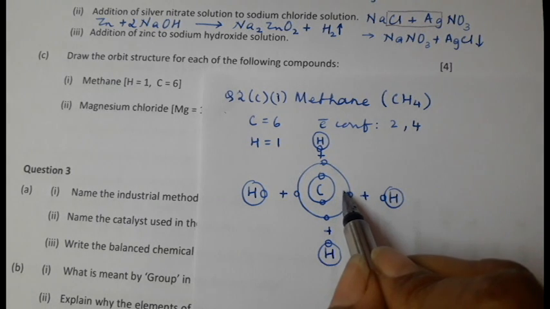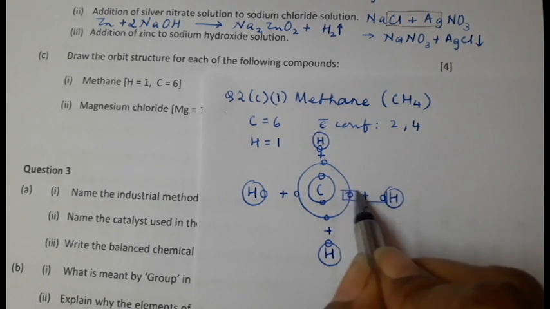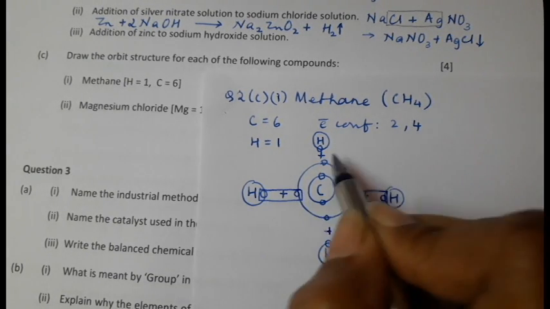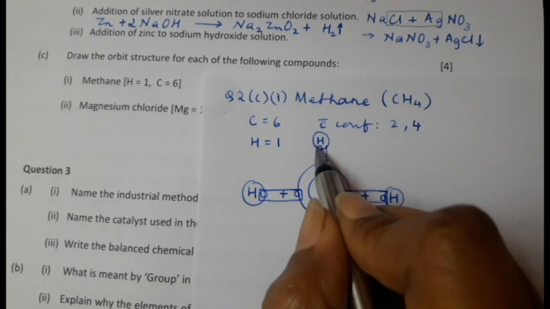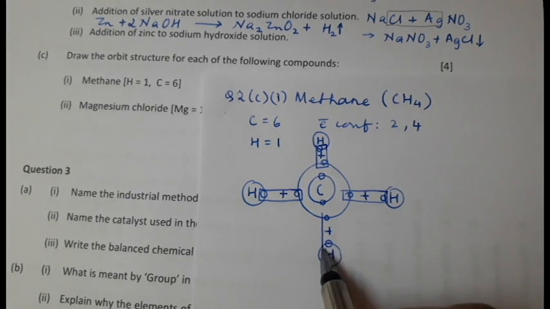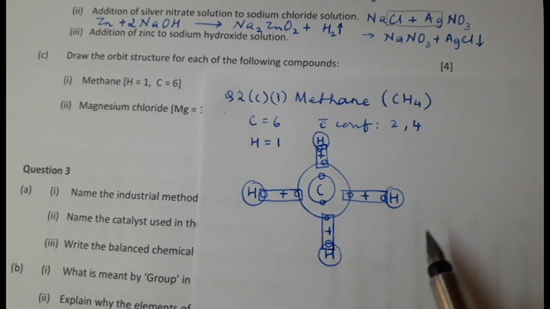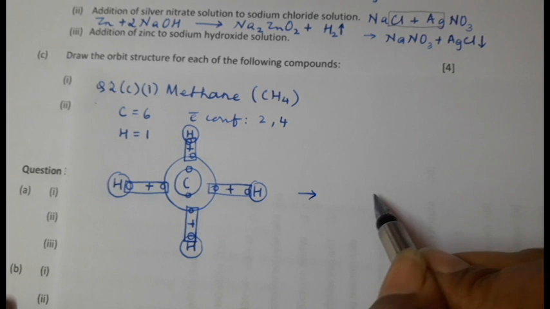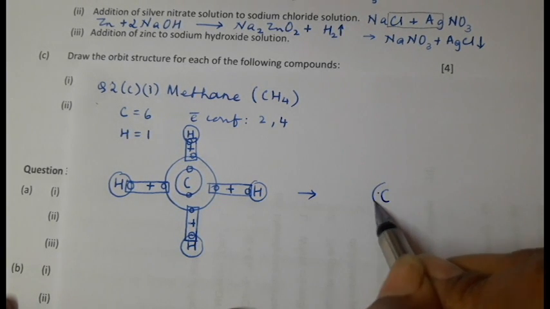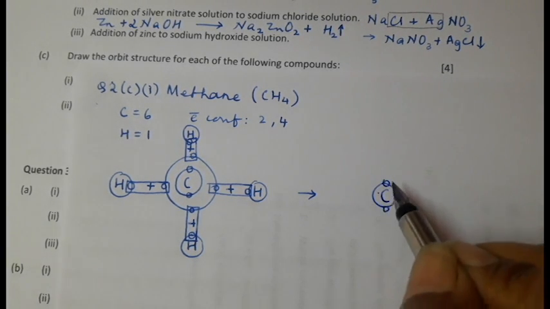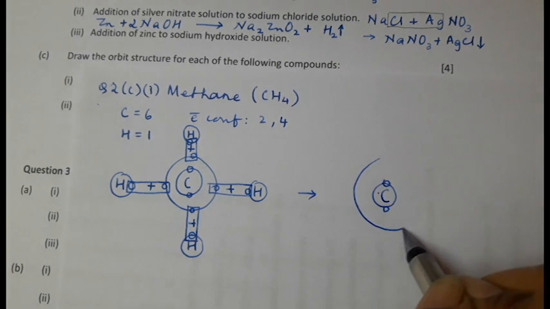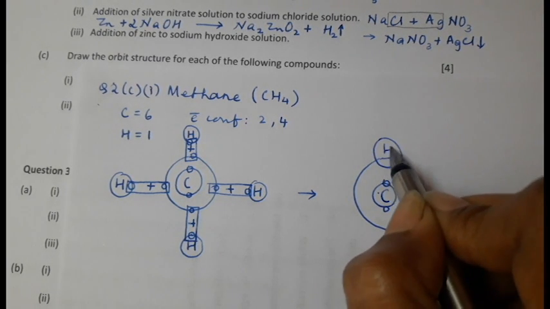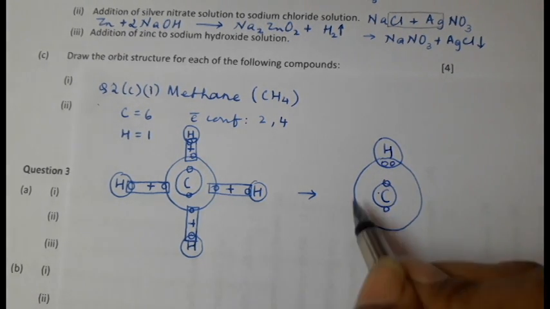And then this is what is going to be like your pairing of the electrons, and as a result of that you will have carbon with the first shell of 2 electrons, and the second shell will have, with hydrogen, the 2 electrons.